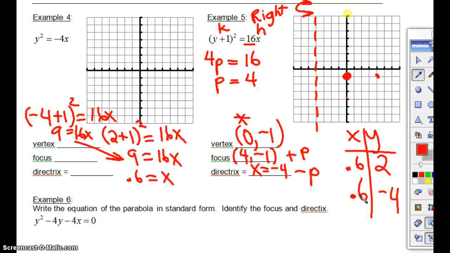So now I'm ready to plot those points. Point 6 is just over a little bit and up to 1, 2 is about here. And then 0.6 and then down negative 1, 2, 3, 4 is about here. So I have kind of a wide parabola. So that's the graph of example 5.